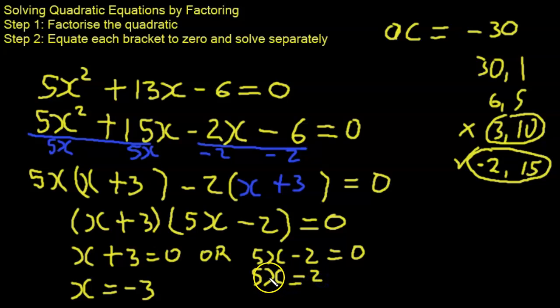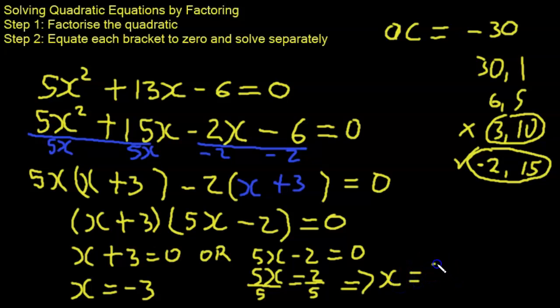And for this, we divide both sides by 5, as remember, it's x we want to find. So 5 into 5, that's 1, so 1x. And 2 divided by 5.